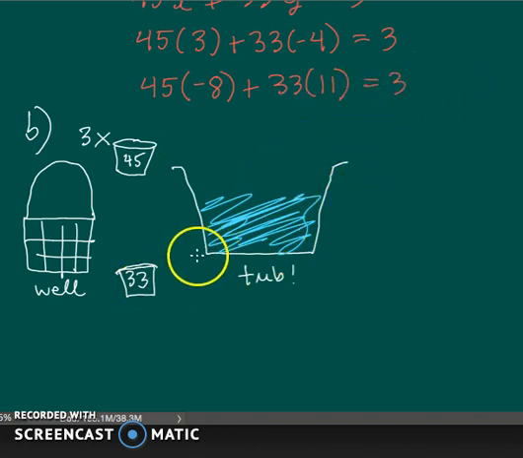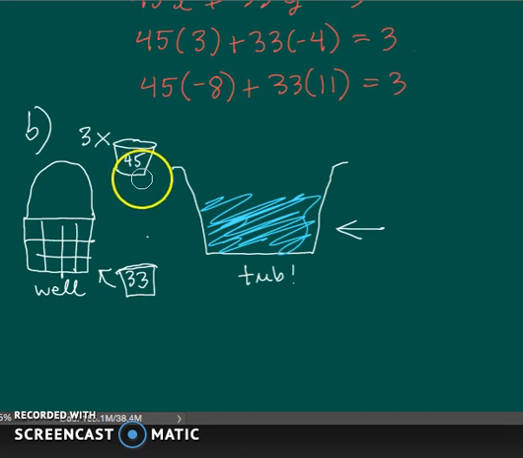And then we want to take 4 of the 33-gallon bucket out and put it back in the well. So 3 times of the 45-gallon bucket in and 4 times of the 33-gallon bucket out. And then we'll be left with 3 gallons, which is what we wanted.